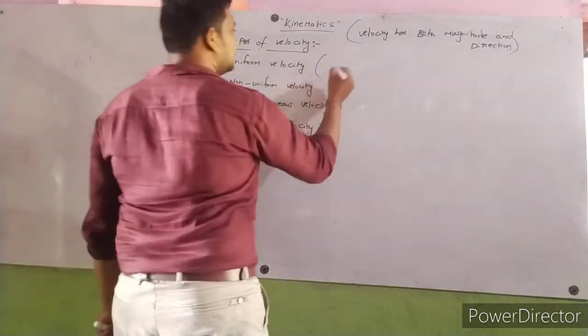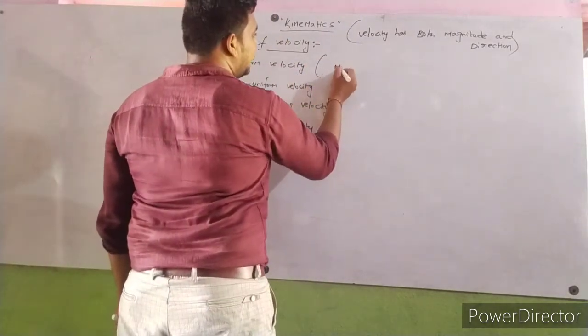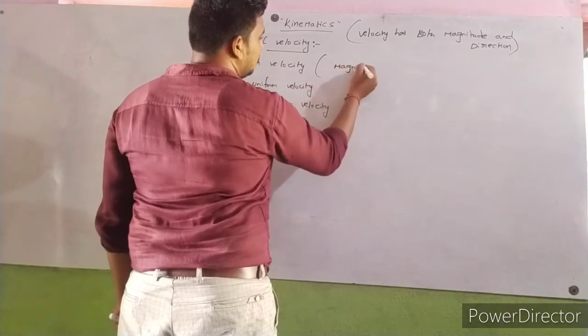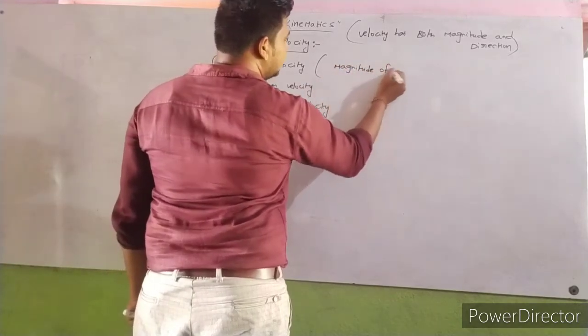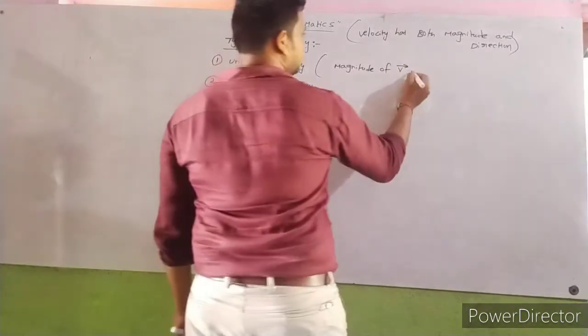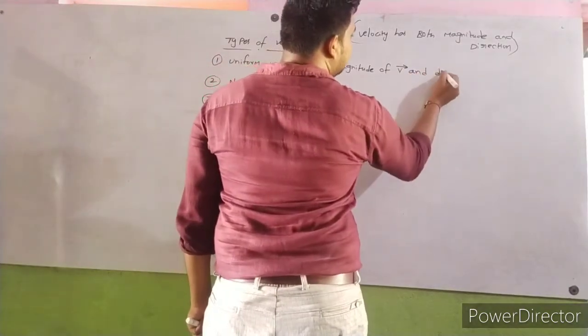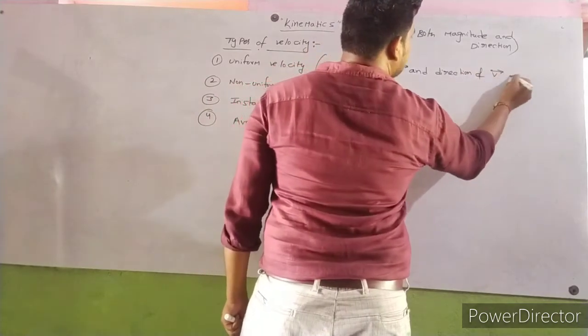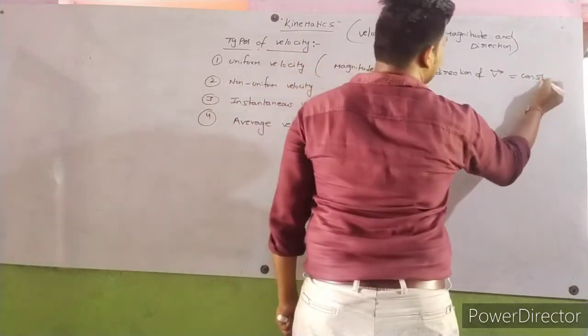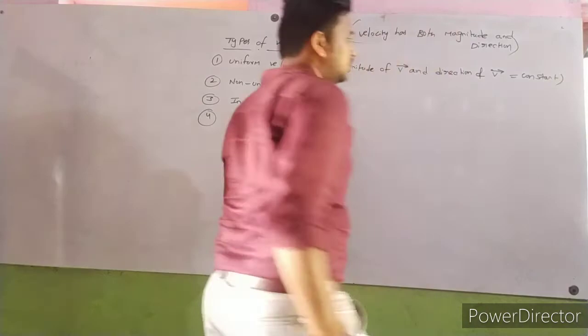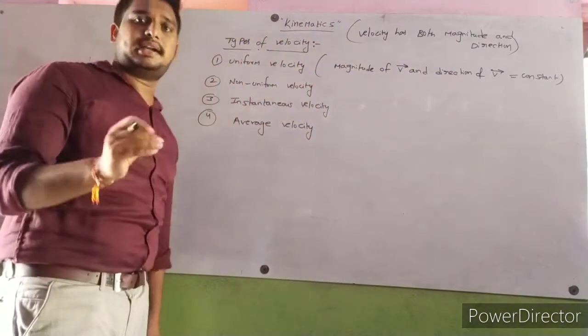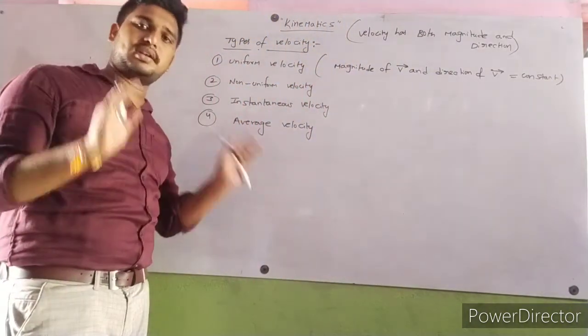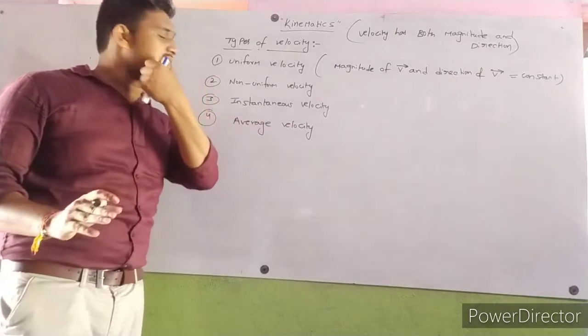Uniform velocity means the magnitude of velocity v bar and the direction of v bar are constant. So when the magnitude and direction of velocity are both constant, that is called uniform velocity.